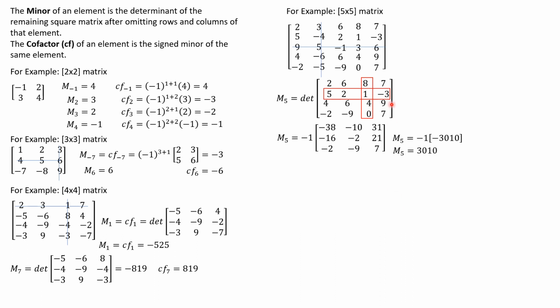While the cofactor of element 5 is the signed minor, and because the position of 5 is minus, the cofactor of 5 is negative 3010. So I hope you already know how to find the minor and cofactor.